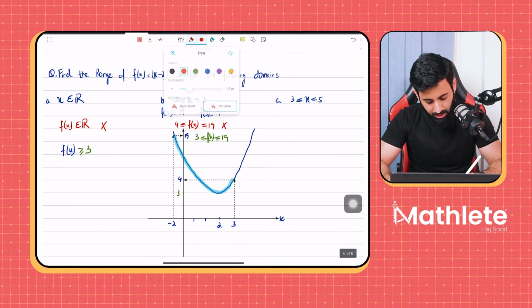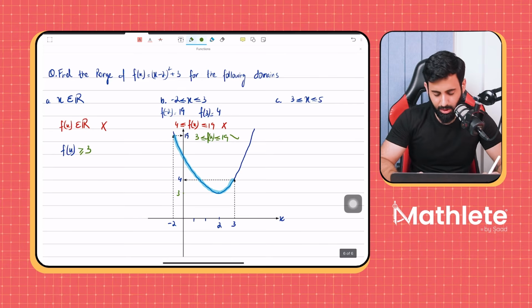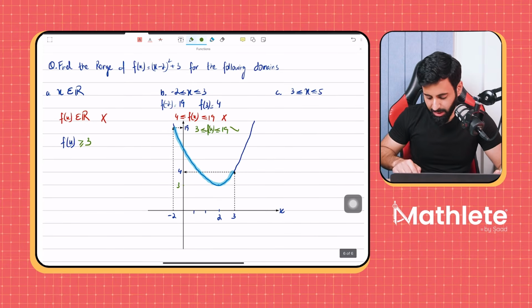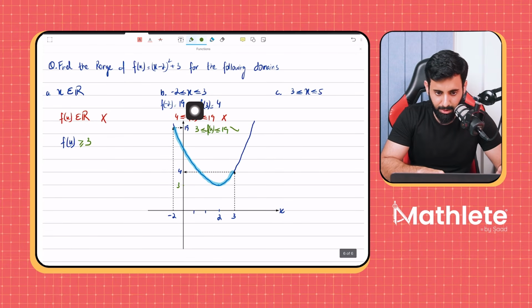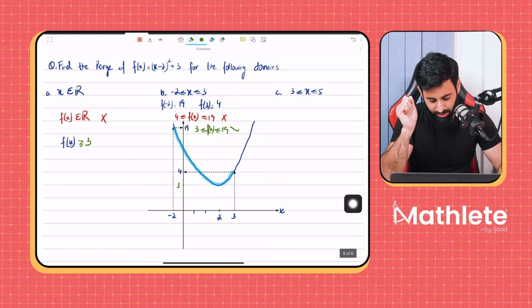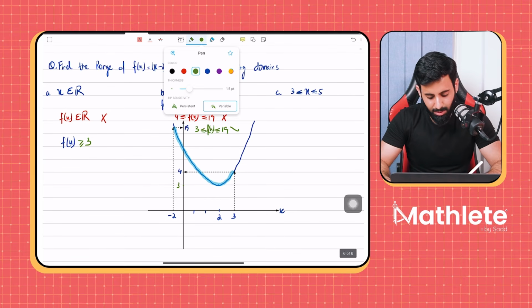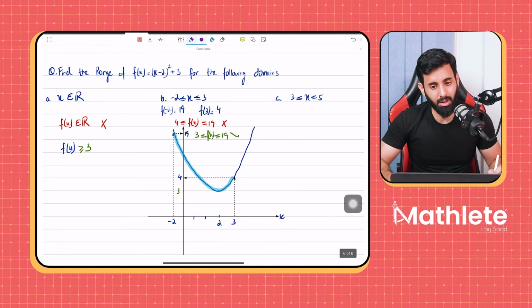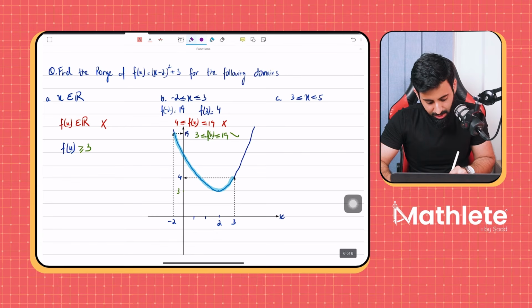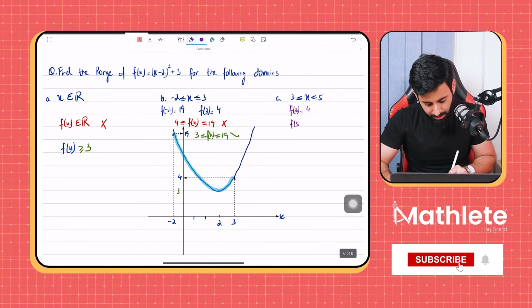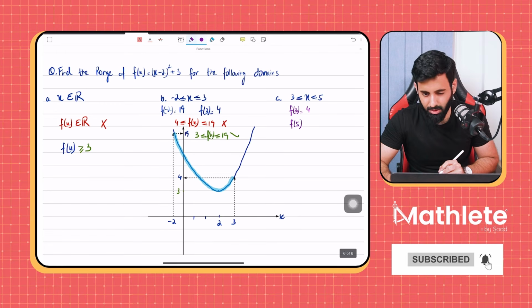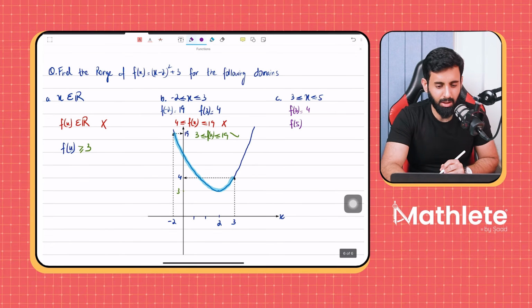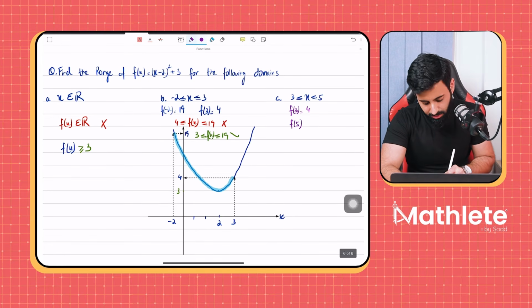Let me put a cross here, and let me put a check mark here. So when I use the method where I plug in the endpoints, I don't get away with it. But here's something interesting. If I use the same method and apply it in part C, f of 3 is 4, and f of 5 is 5 minus 2 is 3, 3 squared is 9, 9 plus 3 is 12.